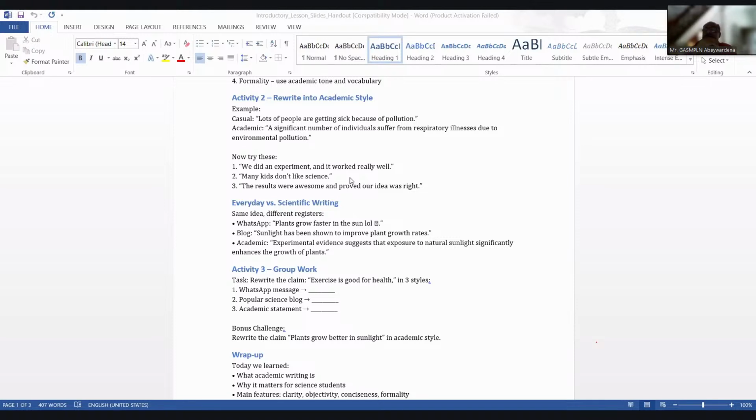"We did" is casual language. What is the word that is suitable for experiment? Conducted. Right? Not launch even. Can we say we conducted an experiment?